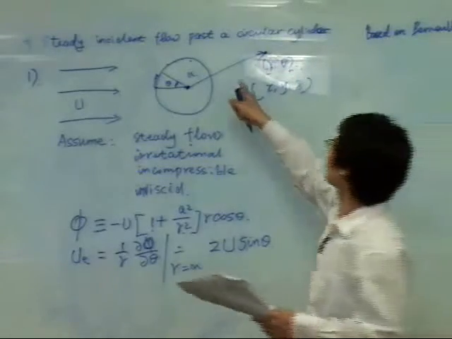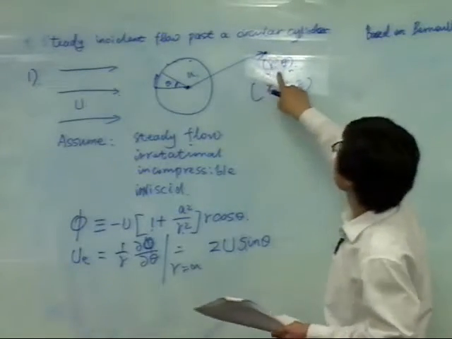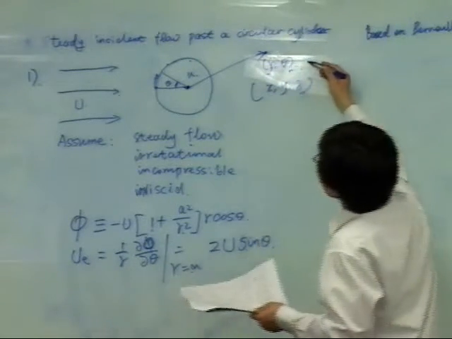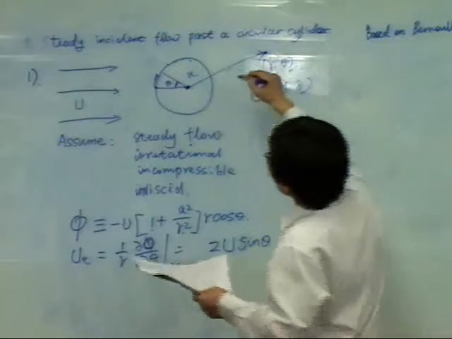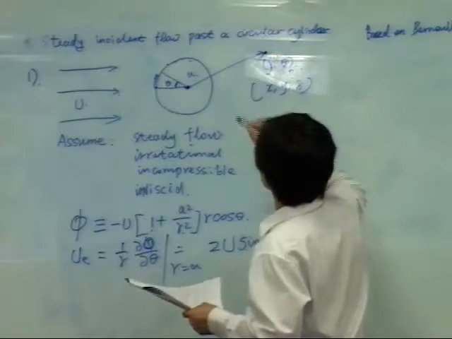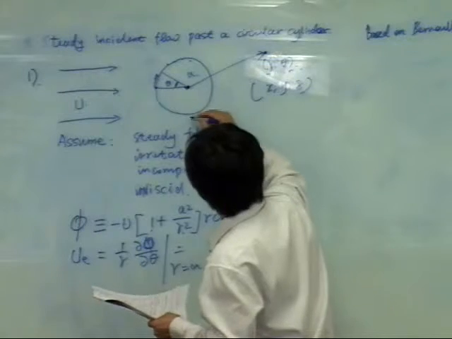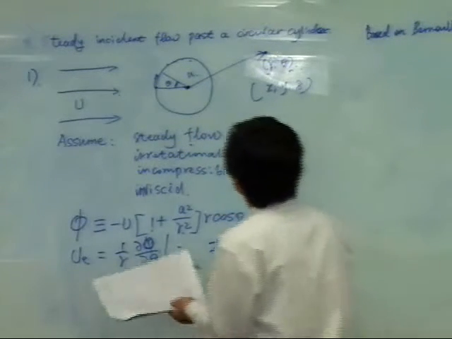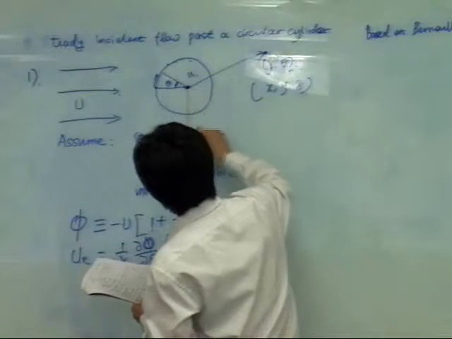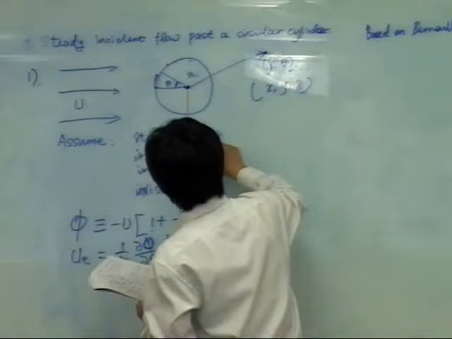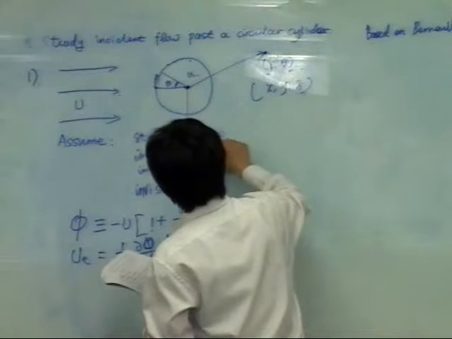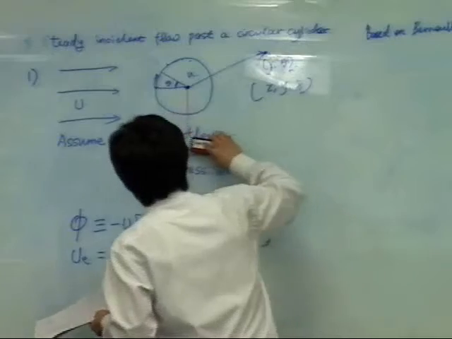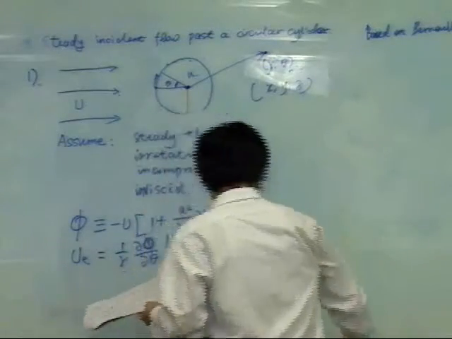Any point in this plane can be determined by a given r and theta. Suppose r equals a and theta equals 3 pi over 2. 3 pi over 2 is here, and r equals 2a gives you a point here. Well, I'm not going to do this. This is too confusing. Let's see another.